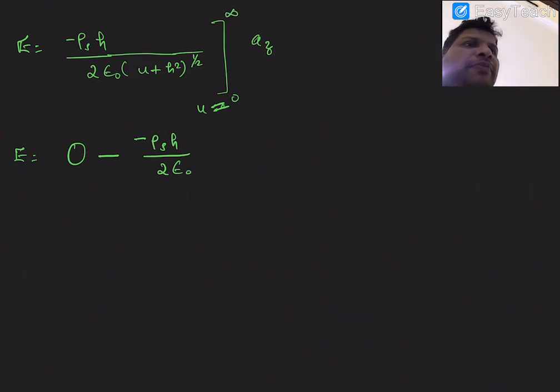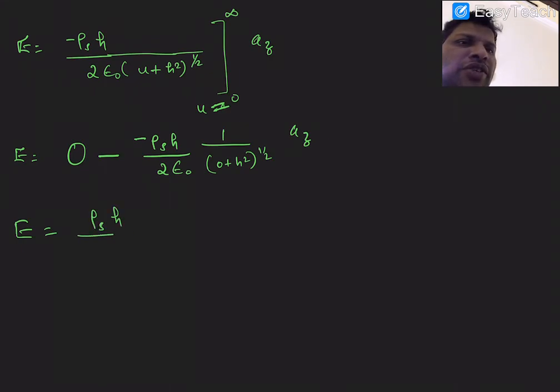Then when I put u equal to 0, this becomes 1 by 0 plus h square whole power 1 by 2, into Az. So the electric field becomes minus of minus, which is plus. So rho s into h divided by 2 epsilon 0 into 1 by h square whole power 1 by 2, which means root of h square, into Az.